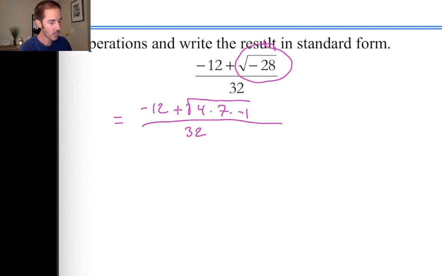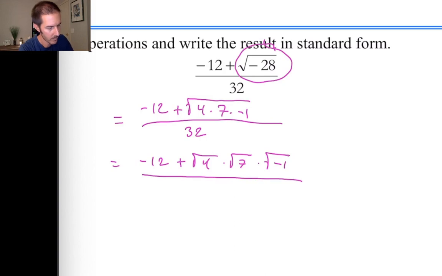I factored the 28 into these three separate factors, the 4, the 7, and the negative 1, and I chose those very specifically. I didn't use 2 and 14. Yes, 2 times 14 equals 28, but it's not helpful at all. It's helpful here because I can actually take the square root of 4.